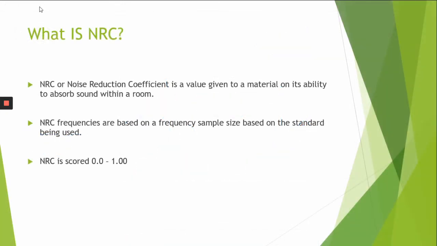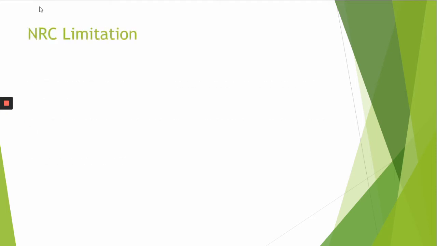Alright, so we are back on the presentation, and let's go through the limitations of the NRC. Sometimes you may see an NRC with a value over the 1.0, maybe a 1.05 or 1.08. That's because due to the calculations they use, it's easy to manipulate the data to give you a value over the 1.0. This is just a marketing ploy, right?